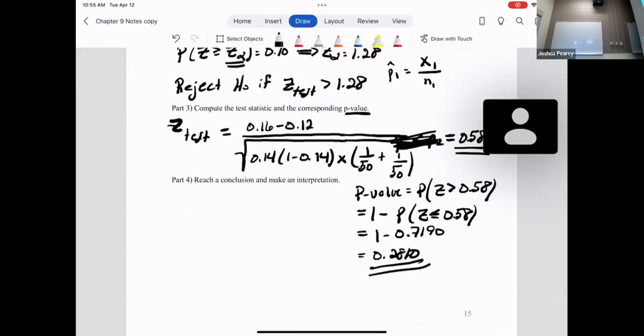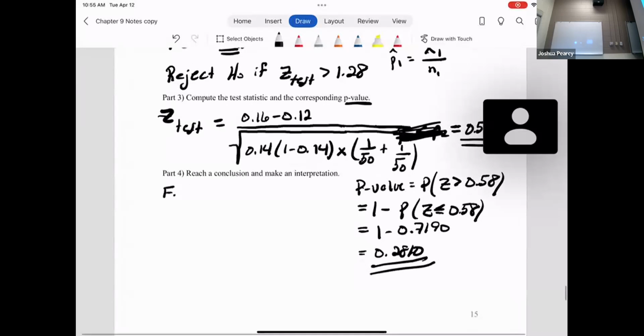Then reach a conclusion and make an interpretation. So that means make the decision. So what was it? Yep, so fail to reject the null hypothesis. And then let's write the conclusion.